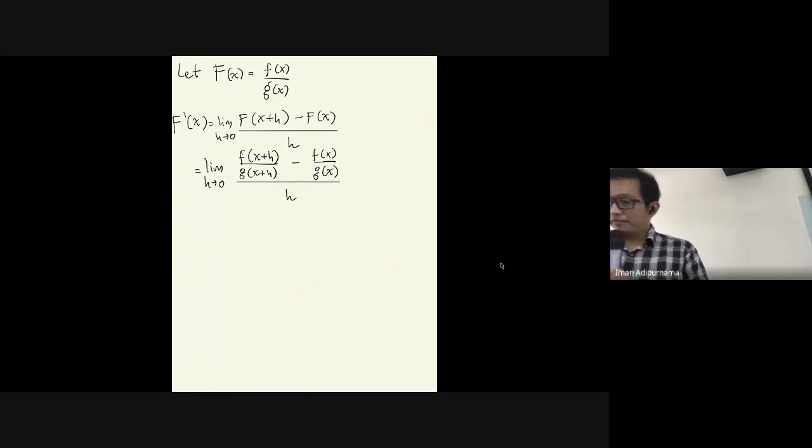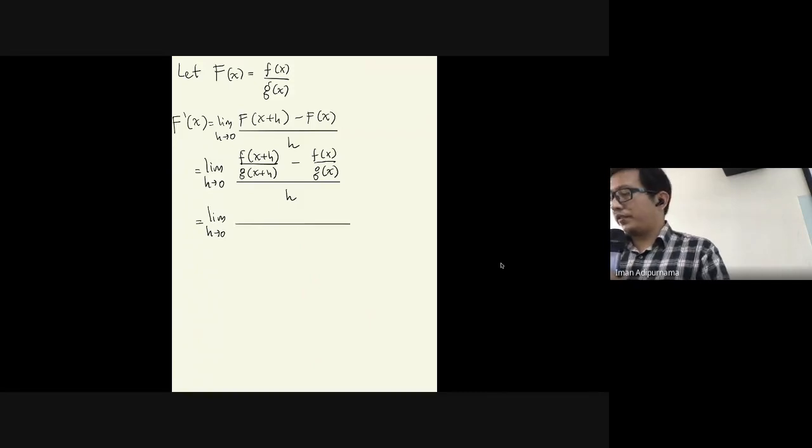Let's solve this rational expression. Just simplify all the g going down. So let's write h g(x+h) g(x).